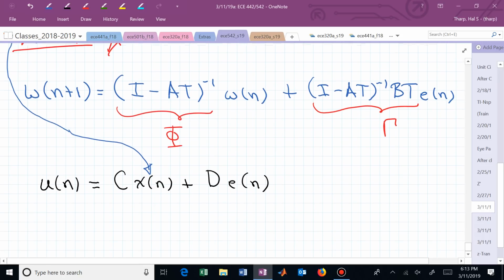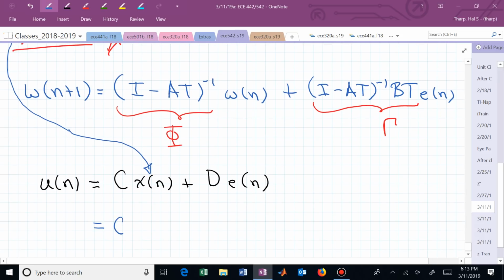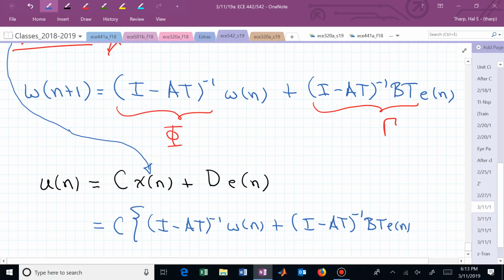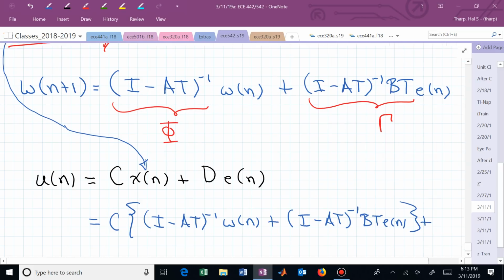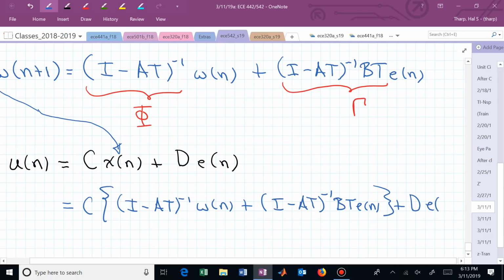Or I now can say that this is equal to C times (I minus AT) inverse w of n plus (I minus AT) inverse BT e of n plus D e of n.